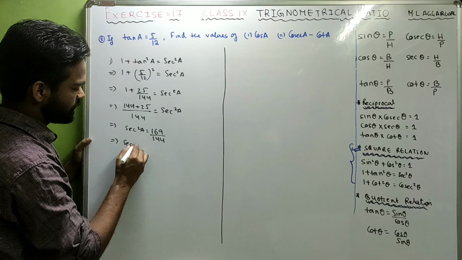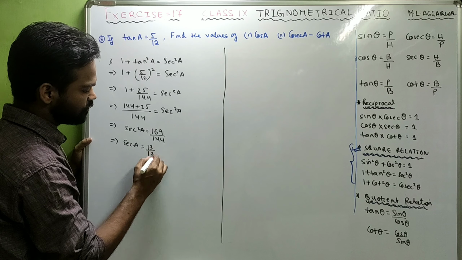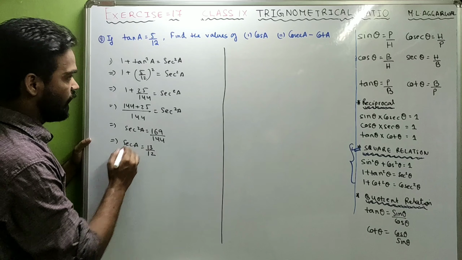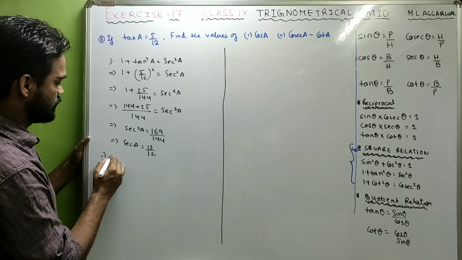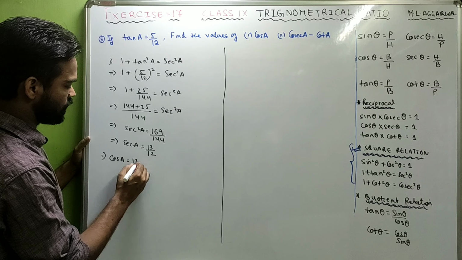That is sec A is 13 by 12. No doubt in that. Now, cos is the reciprocal of sec. So can I say cos A is 12 by 13?